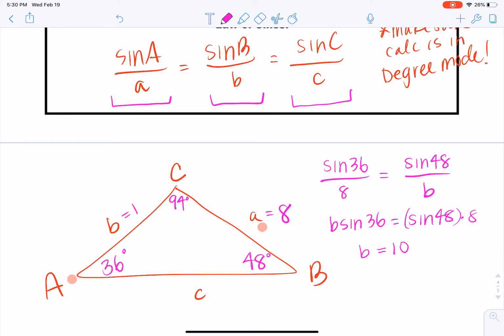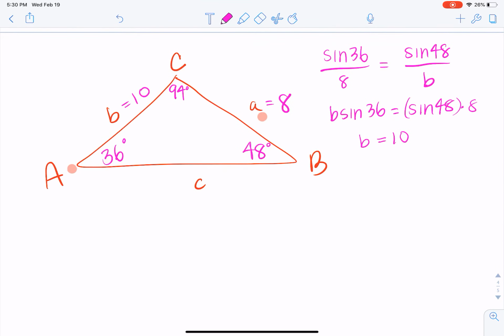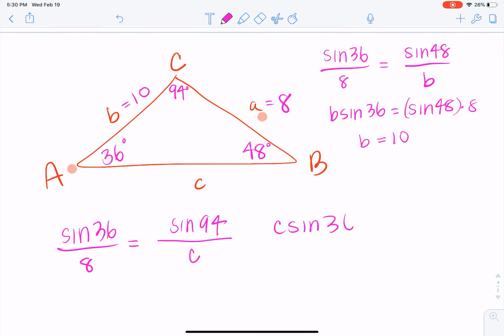So now I know that B is equal to 10, and I can go ahead and use the law of sines again to figure out my last piece. So sine of 36 over 8 is equal to sine of 94 over little c, and we'll cross multiply. C times sine of 36 is equal to 8 times sine of 94.